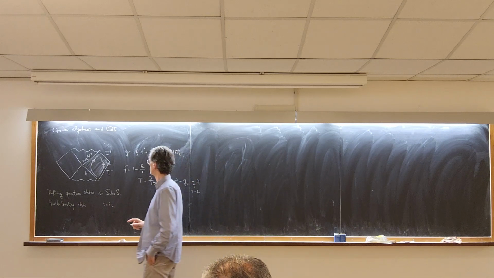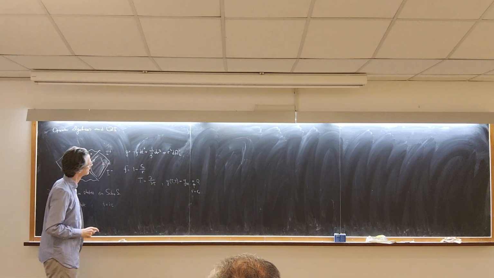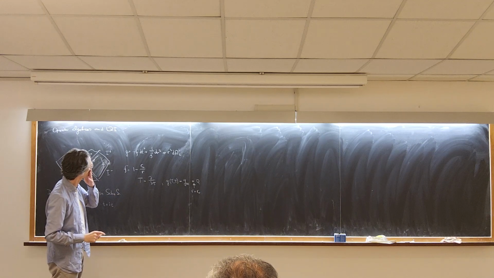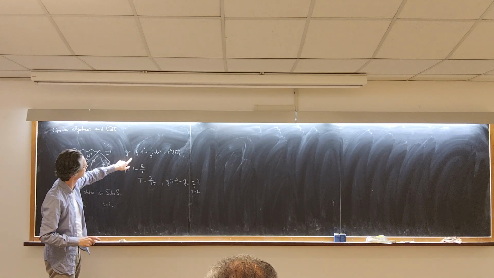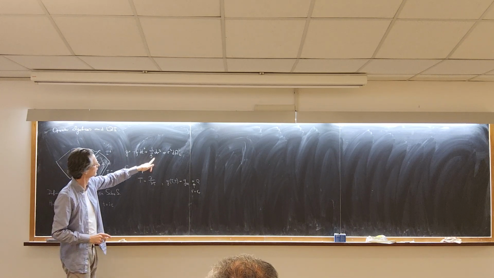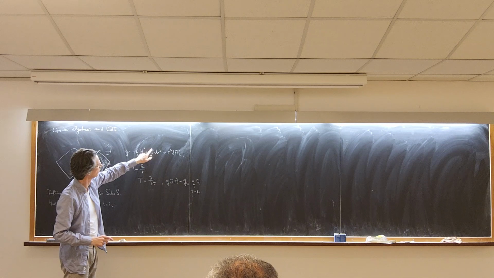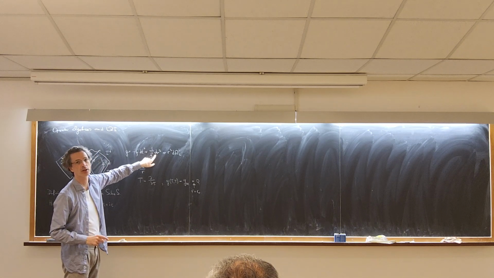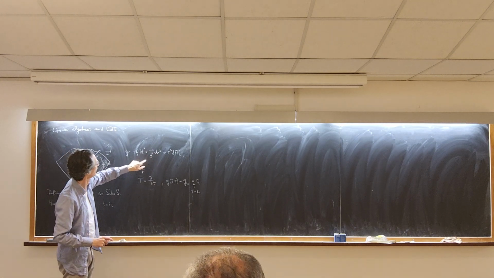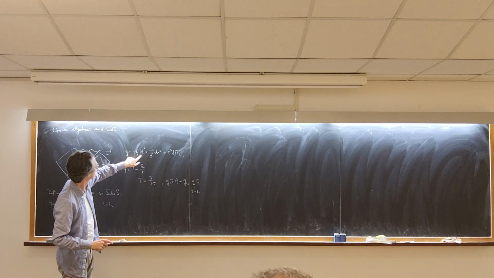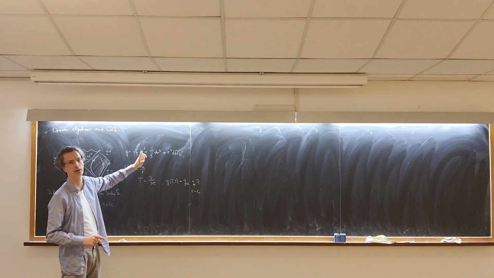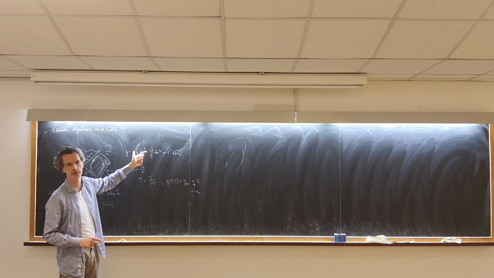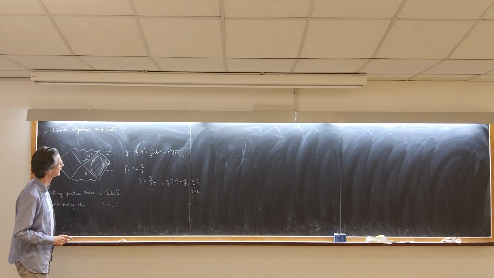Although I'm not doing it carefully here, what you can do is take out 1 over f from the metric, or get rid of the 1 over f by going to a new r coordinate. That gives you, by comparison, a dr squared and an f squared d tau squared.